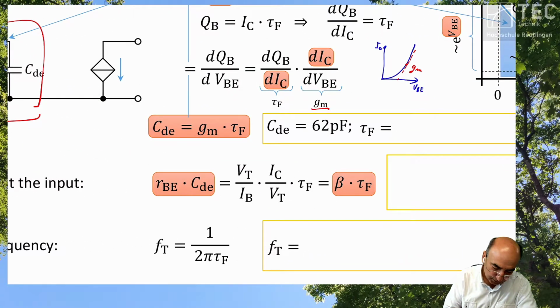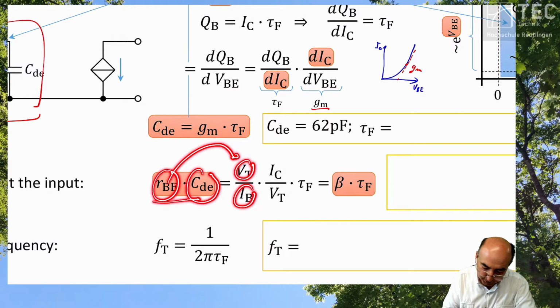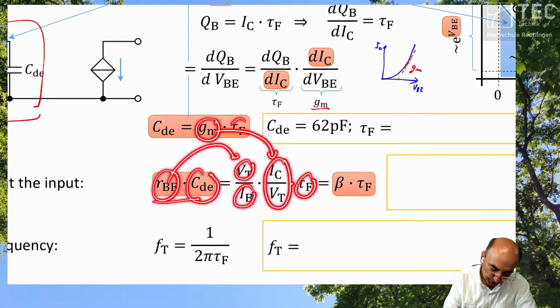Now let's calculate the time constant. RBE, we have learned it's VT divided by IB. The diffusion capacitance, we learned that it is GM times tau f.